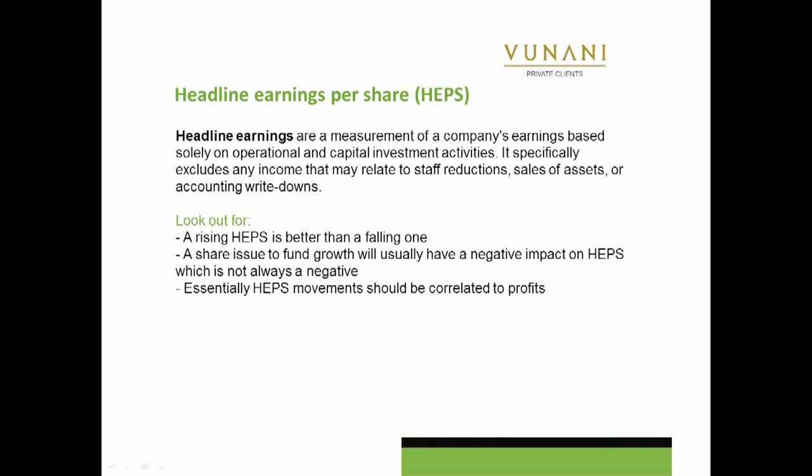So it's not always a negative to see a headline earnings number down, but you need to understand why. If a company issues shares to fund growth, maybe in a different geographical area, you shouldn't look at that as a huge negative. Essentially, headline earnings per share movement should be correlated to profit. So a profitable company would have an increasing headline earnings number.